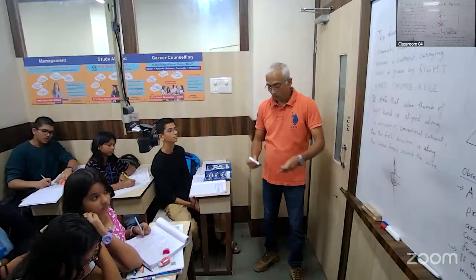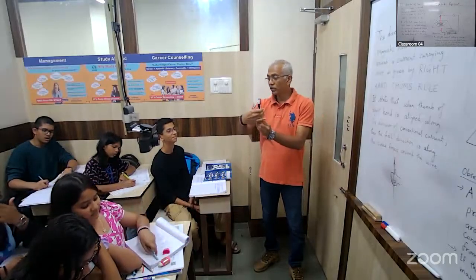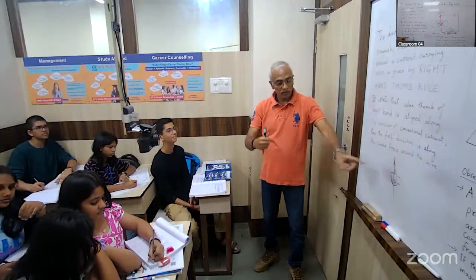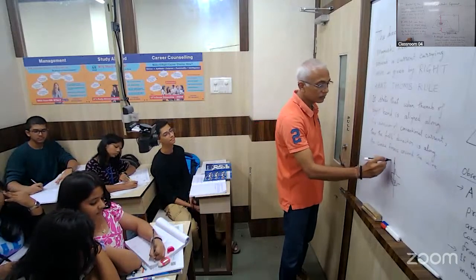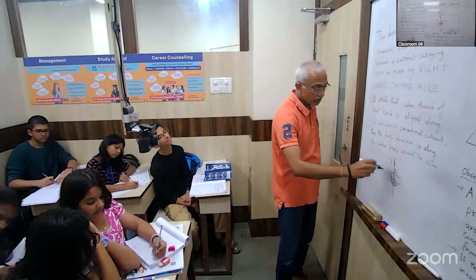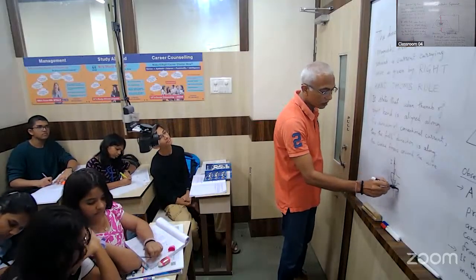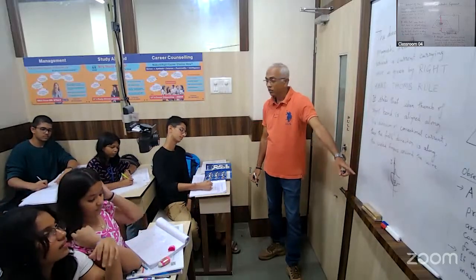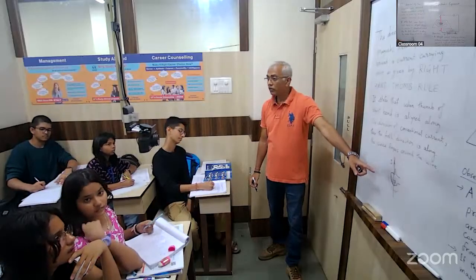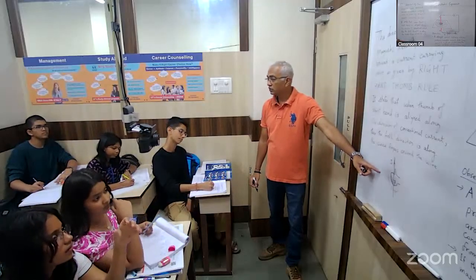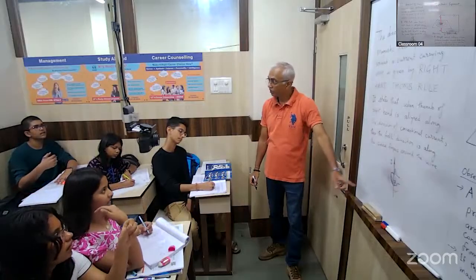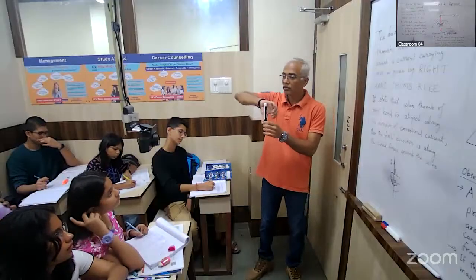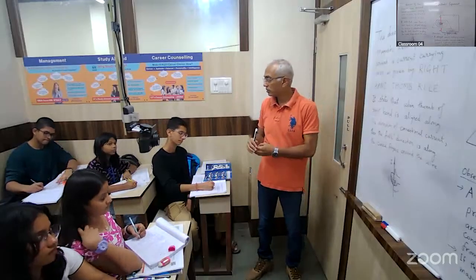When you hold the wire, you grip the wire with your right hand. So the thumb is in the direction of current, and the fingers will give you the direction of the field, like this. Okay? So is the field clockwise or anti-clockwise? Anti-clockwise. And if the current direction is reversed, then it becomes clockwise.